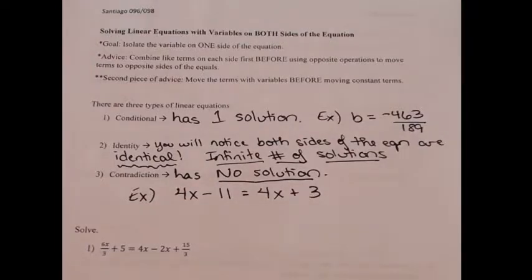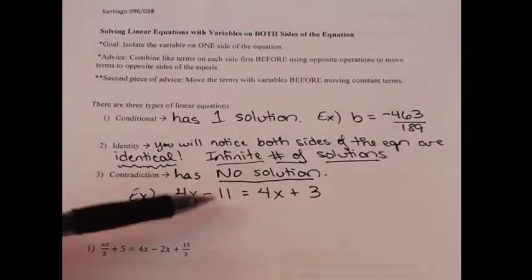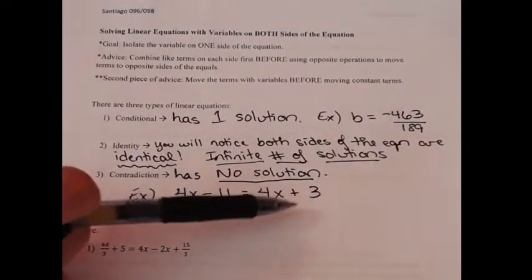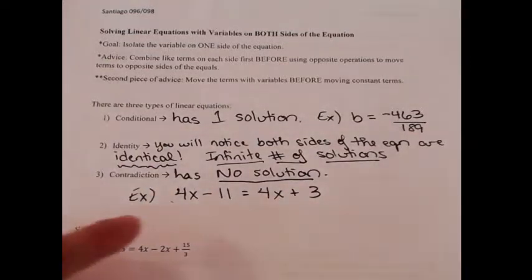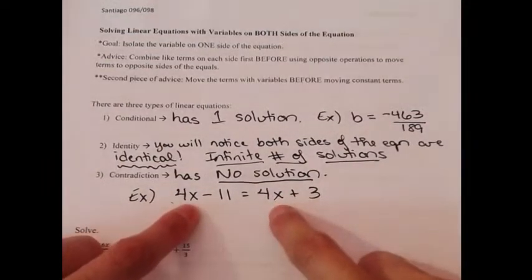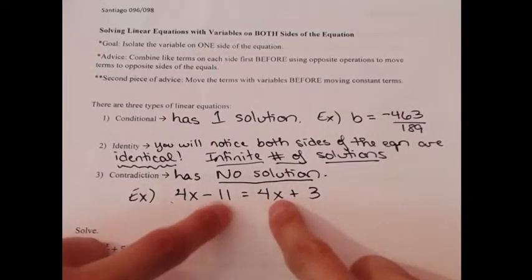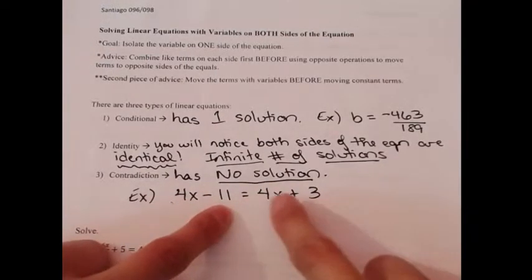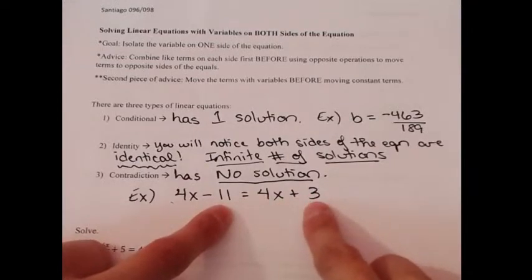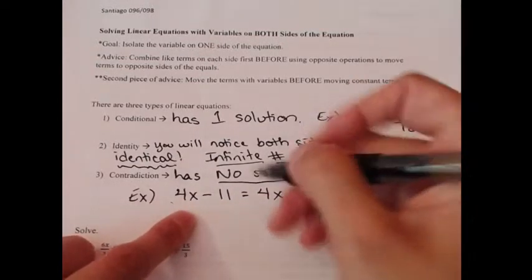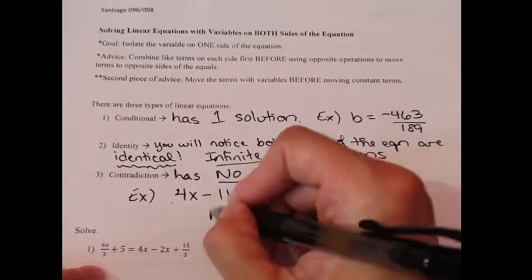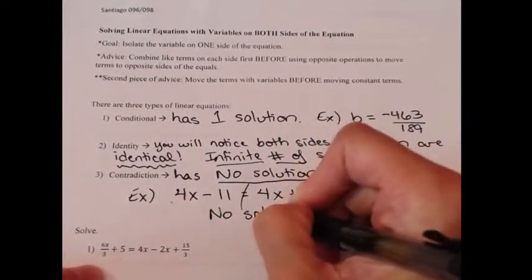If you made that claim, I would look at you funny. Because I would say, how is it possible that 4 times a number minus 11 is the same as 4 times a number plus 3? Because these are both x, they have to be the same value. So 4 times the same number minus 11 can't possibly be equal to the same expression plus 3. So right away, you can notice that nope, no solution. And that's what you would say.